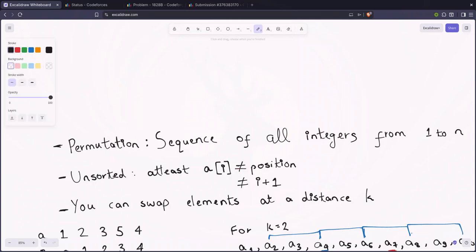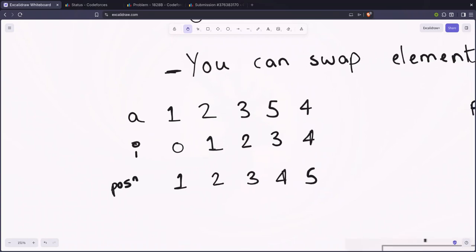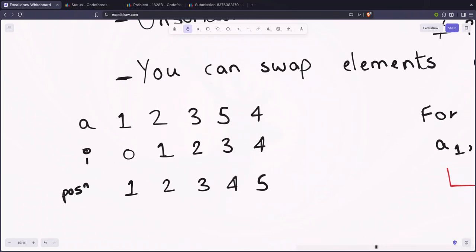Let me give an example. Let's say this is an array: 1, 2, 3, 5, 4. This is also a permutation because this is an array of 5 integers containing all the numbers 1, 2, 3, 4, 5, right? But this is unsorted.